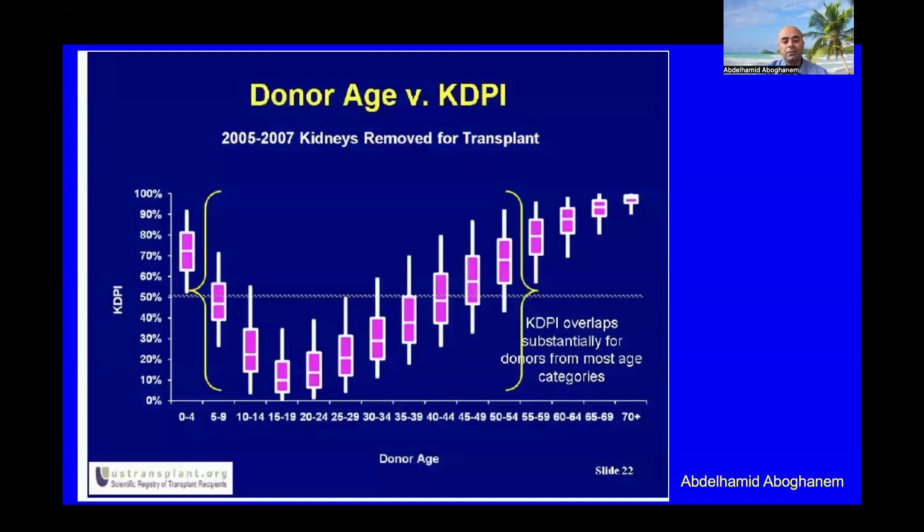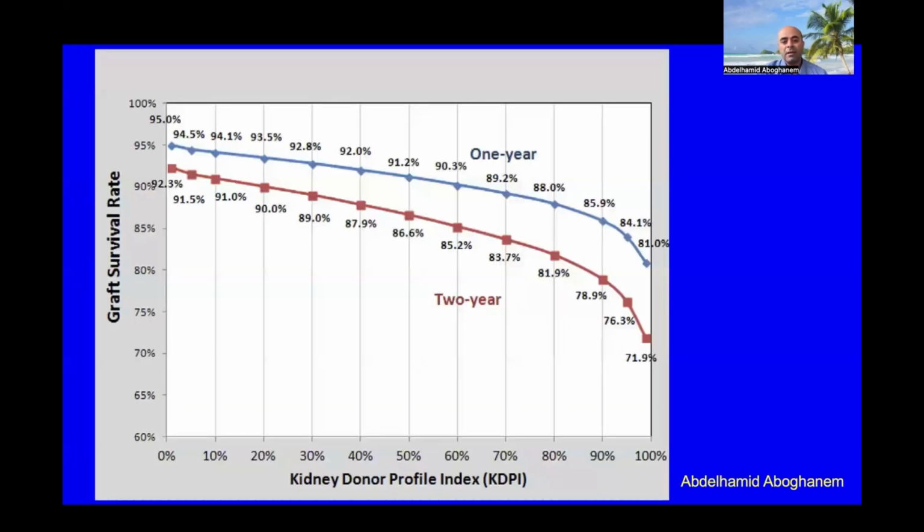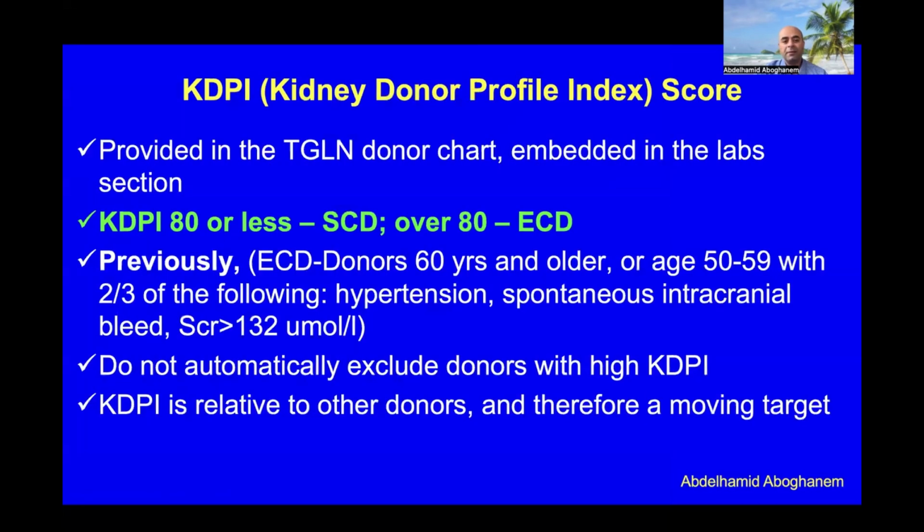And this just shows the donor age and the KDPI. With increasing donor age, your KDPI will also increase. But maybe sometimes it's a good kidney, and we accept this kidney for our recipients. And the difference between 1-year and 2-year graft survival rate with KDPI: lower KDPI is better than higher KDPI.